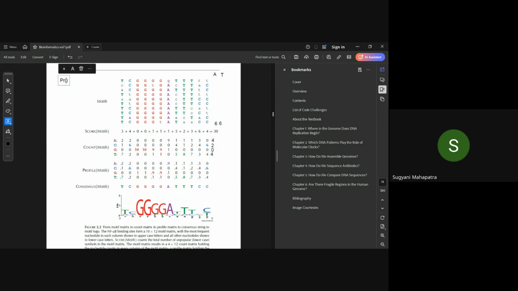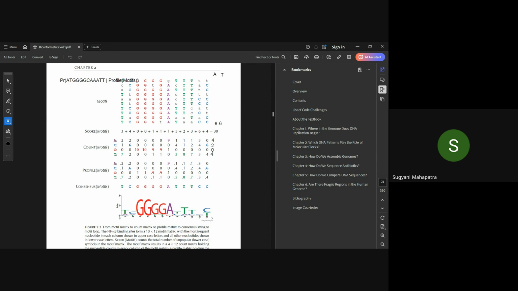Probability that something like A T G G G G C A T T given the profile of motifs.